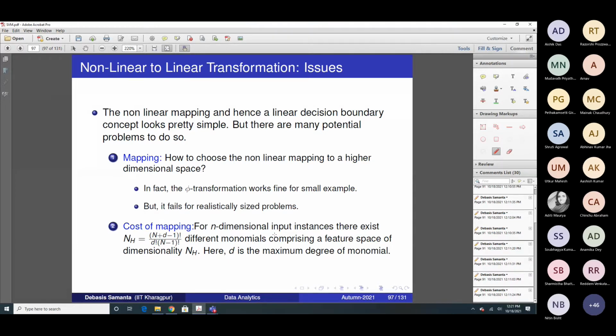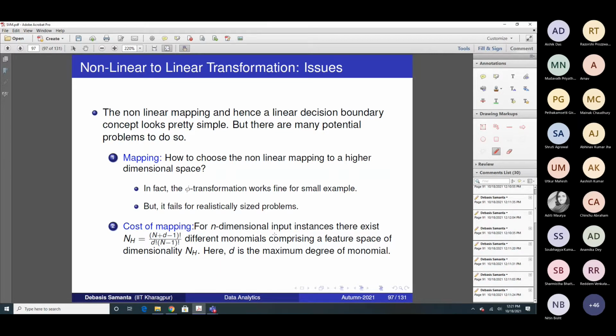Now, what does a larger number of phi transformations mean? If your input data can be defined by only, say, 3 attributes, but because of these high values of nh, the number of phi transformations can be very large. As a consequence, the number of attributes in the transform space will be very large. That means it will again invite the problem of solving higher dimensional data.